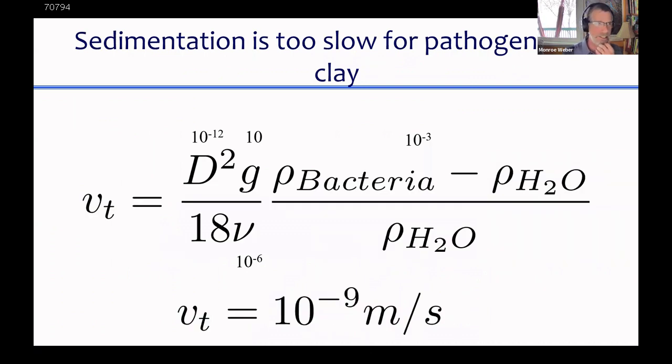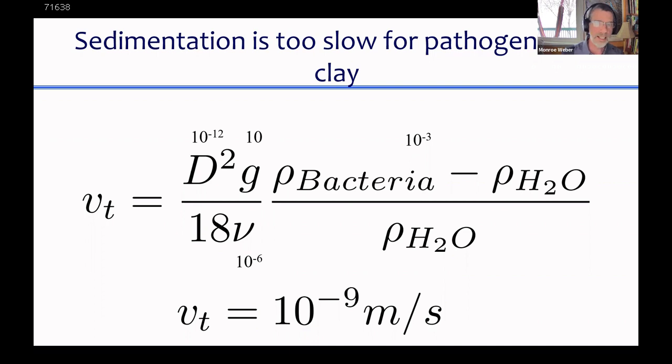And here's the question. Given that that's the equation, will a bacteria cell settle fast enough that we can just use sedimentation to get it out of the water? And so this is just taking that equation and plugging in order of magnitude estimates for the various things. So a bacteria cell is 10 to the minus 6 meters, right? It's a micrometer in diameter.